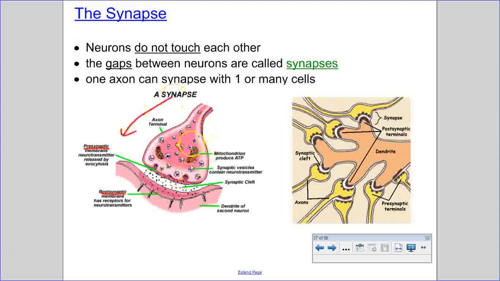Okay, so since this is the first neuron, we usually call it, you can see it underlined here, the presynaptic neuron. Whereas the one after the gap is the postsynaptic neuron. So those are important terms that you should know and understand.